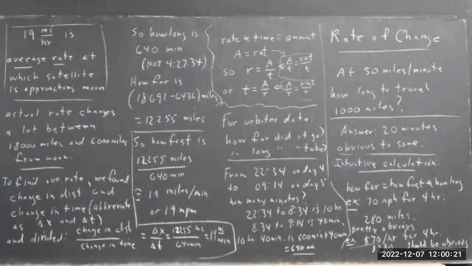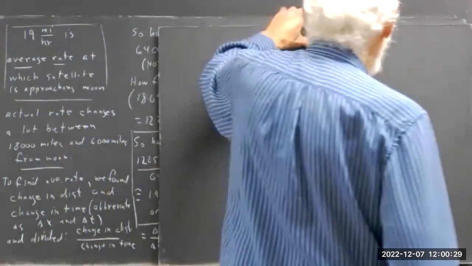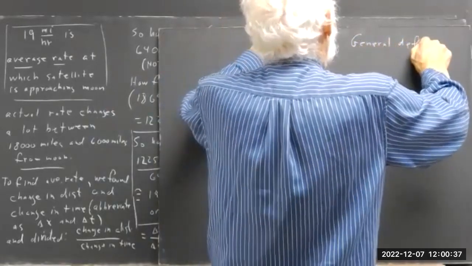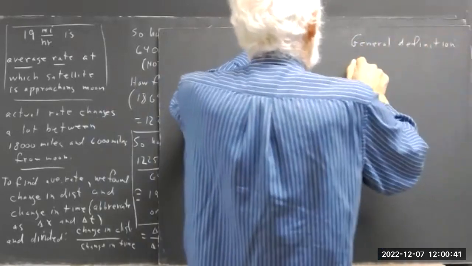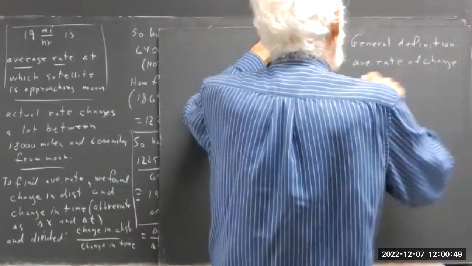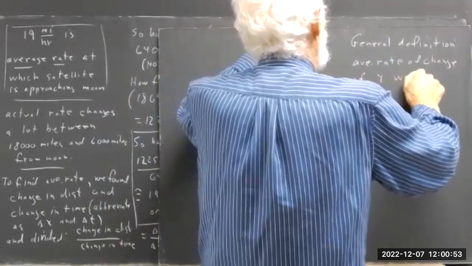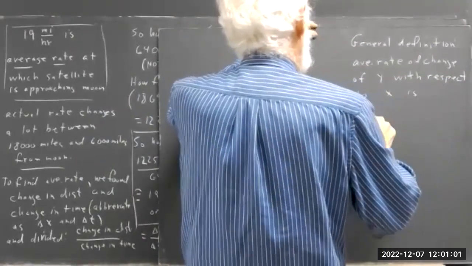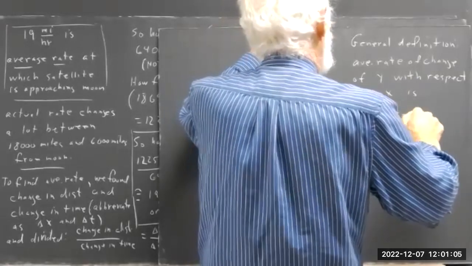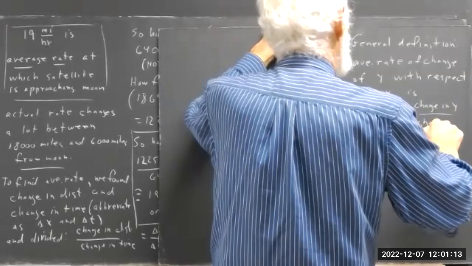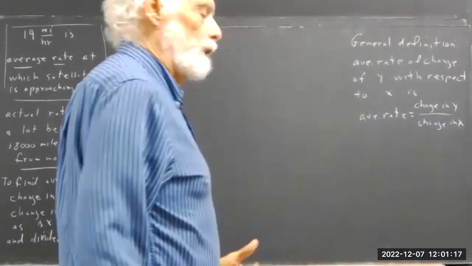Now, more generally, the average rate is a change in y divided by a change in x.